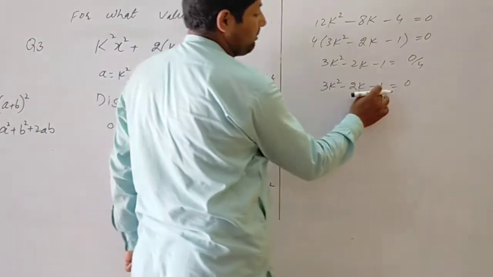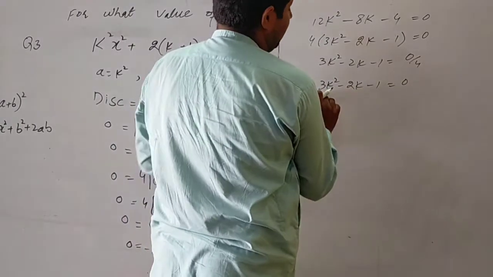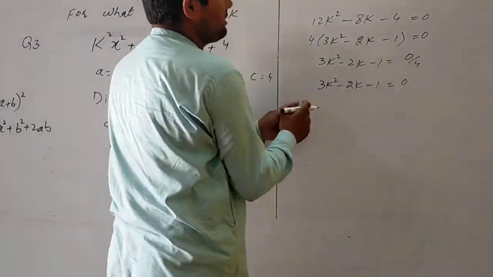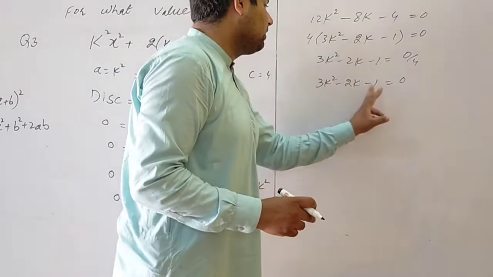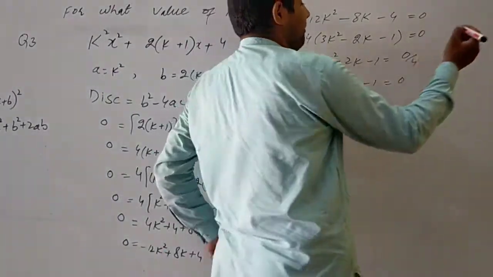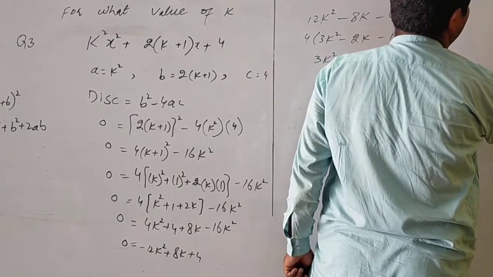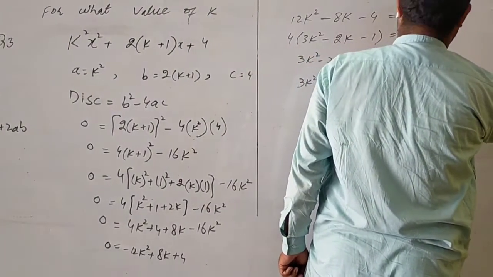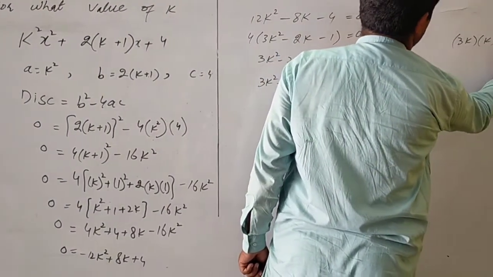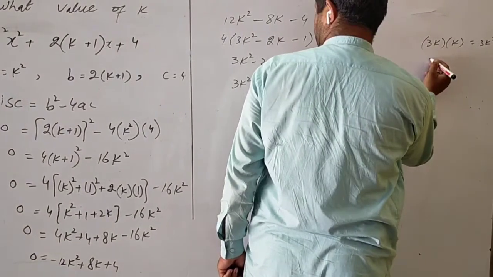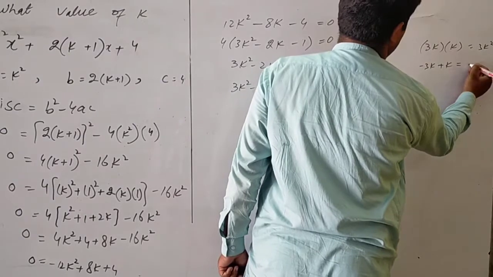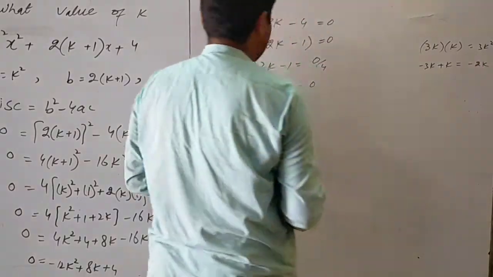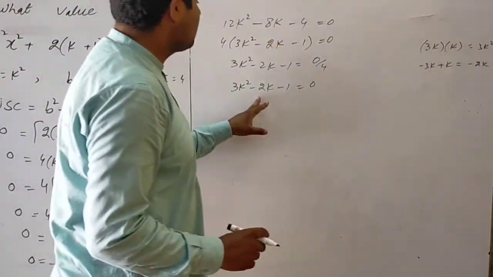Now factorize this term. Find such factors whose sum is minus 2k and whose product is minus 3k square. For example, 3k multiplied by k is 3k square, and minus 3k plus k is minus 2k. These are the two factors of this equation.